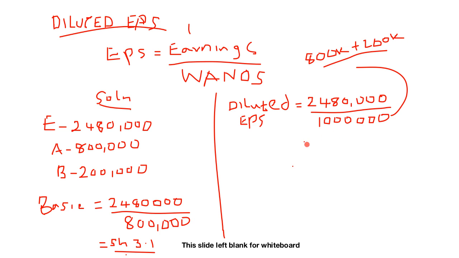So what will this be? What is the quotient? 2.48. 2.48, that is correct. So 2.48 shillings, not just 2.48 itself.